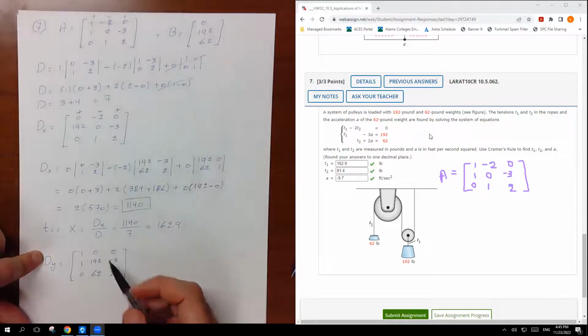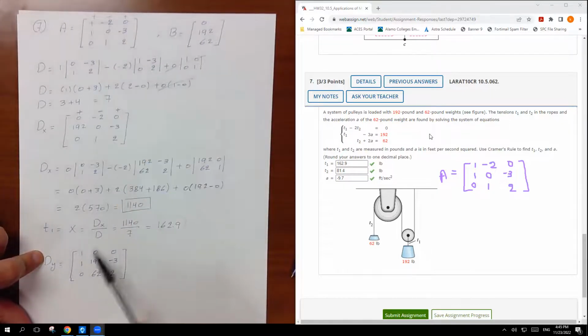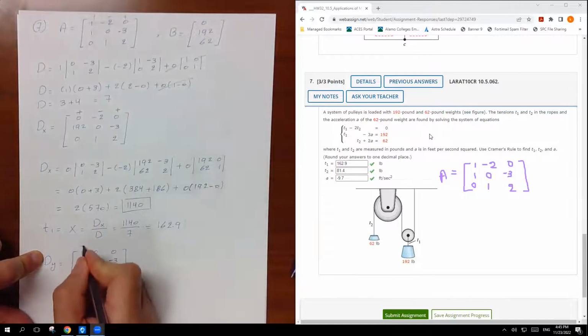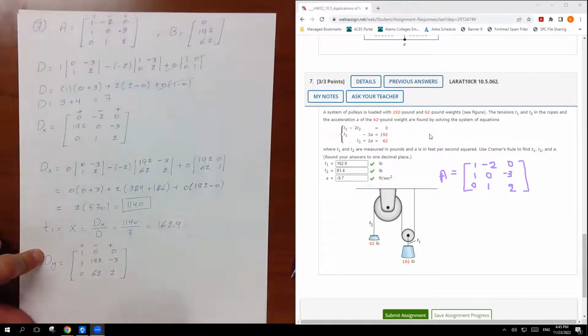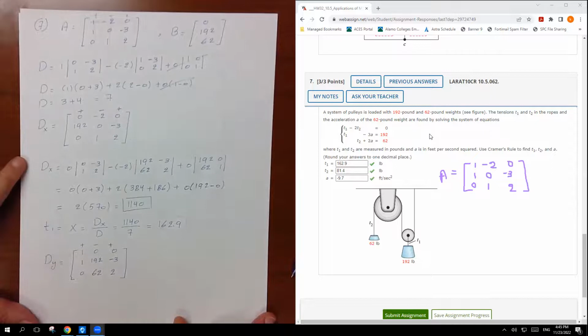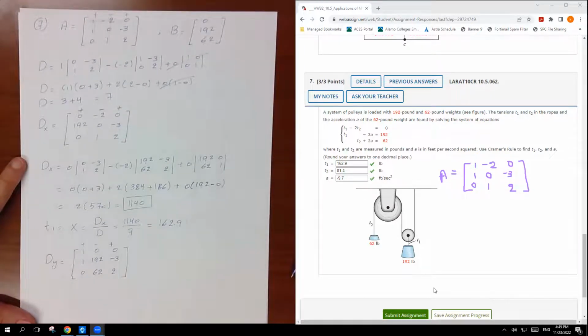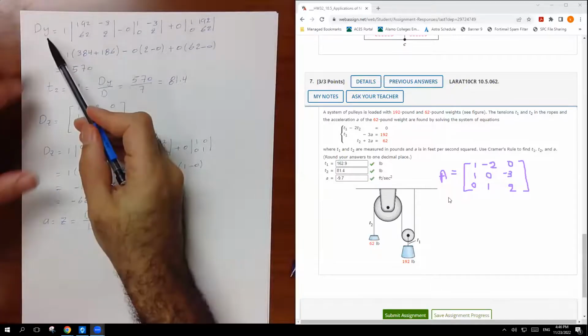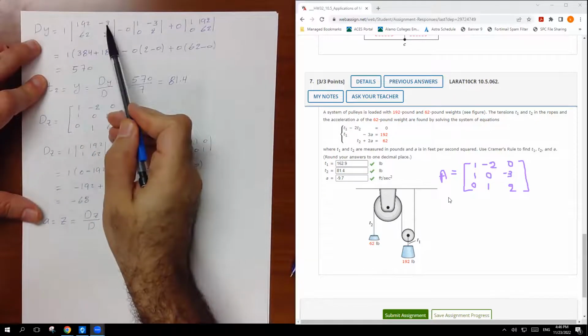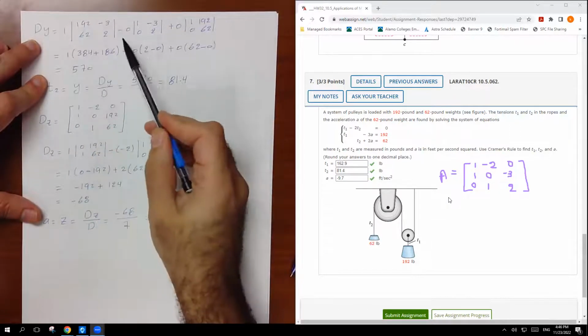So now we're going to change B with the second column. And then this is plus, minus, plus. And we're going to find the determinant. dy is going to be 1, 192, negative 3, 62, and 2, minus 0.